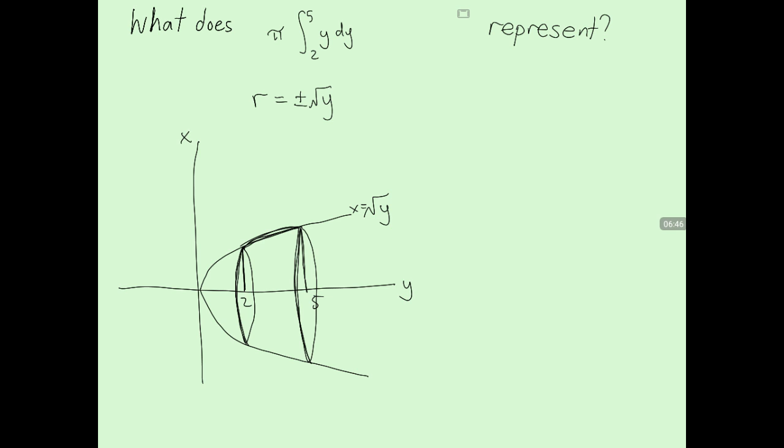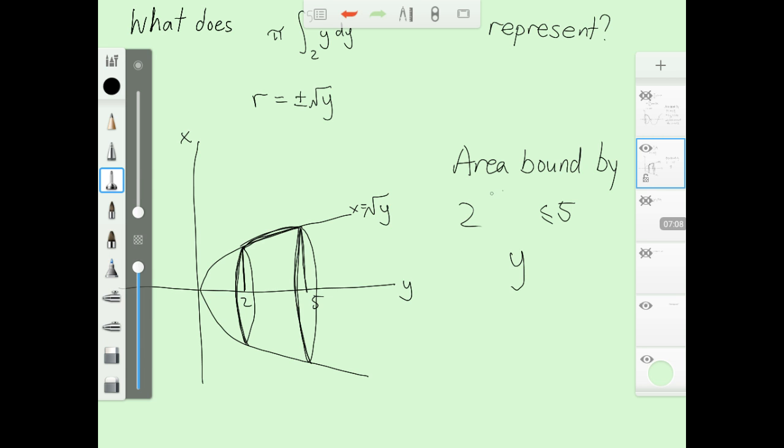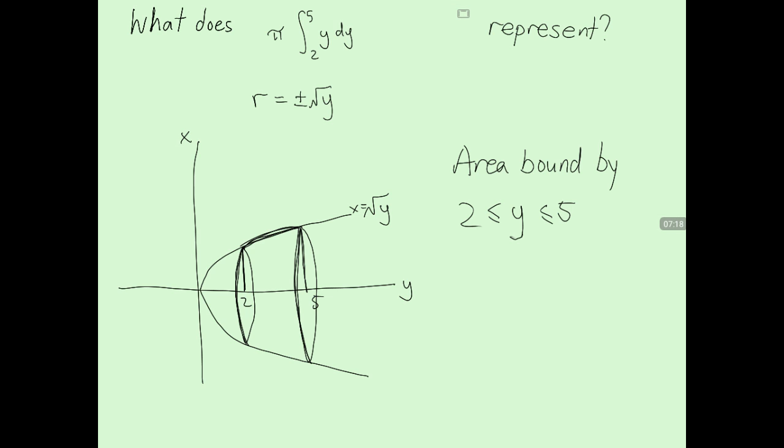So another way of writing this is the area bound by y between 2 and 5, and x is between the function root y and the y-axis, because we've actually switched our axes around.